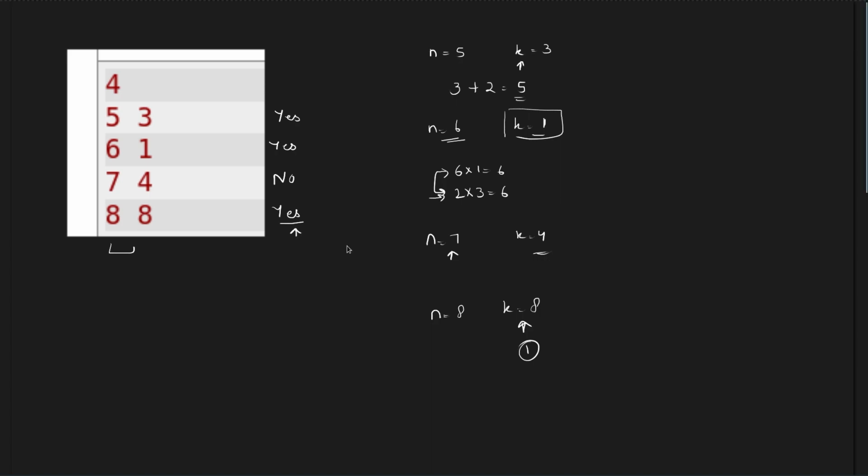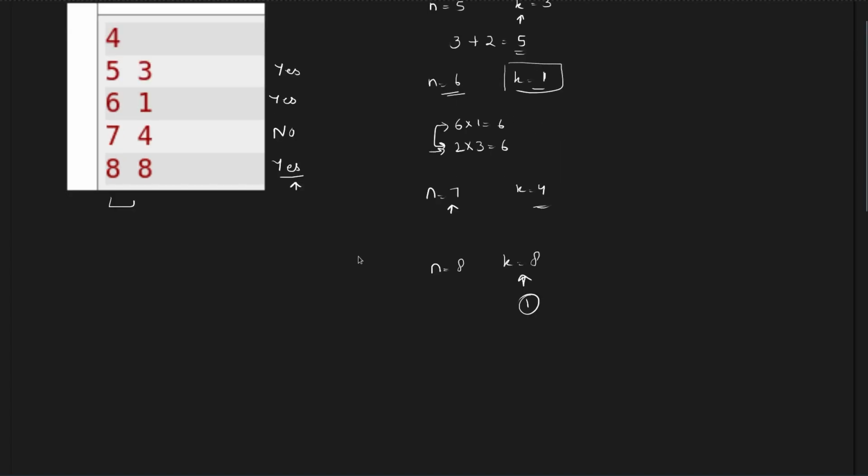Now how do we find a general solution for some value of n and some value of k? You would observe that if the value of n is an even number like 8, it is always possible to form the answer. Why? Because we already have a burle of value 2.